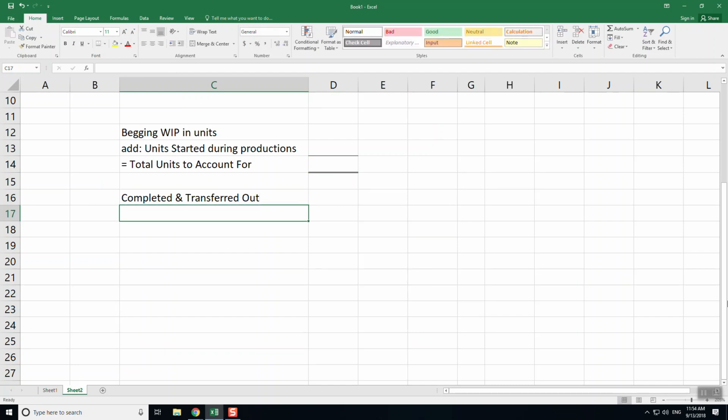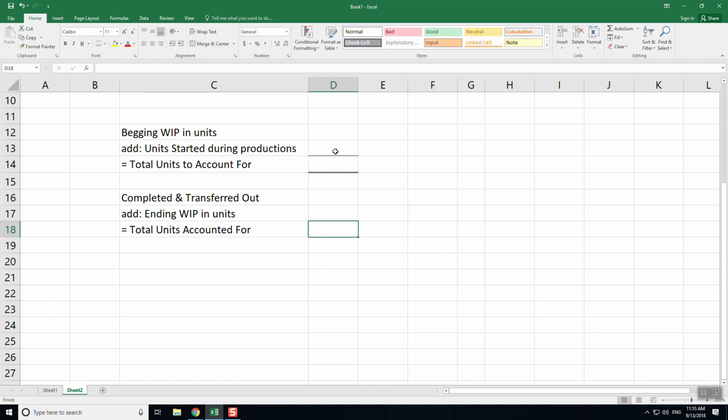Okay, and then you'd add your ending work in process in units. I'm stressing in units because the first thing you do is reconcile this in terms of units. That would give you the total units accounted for.